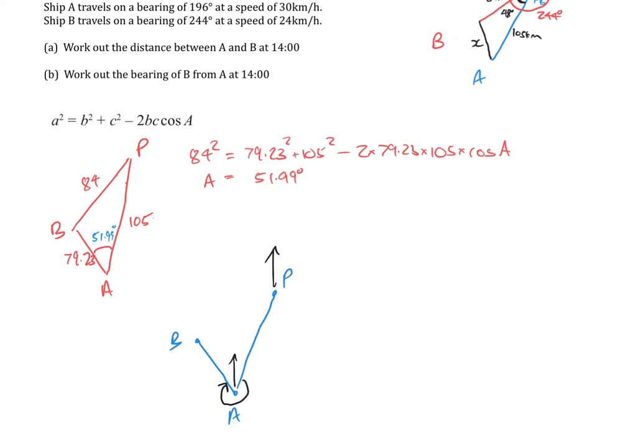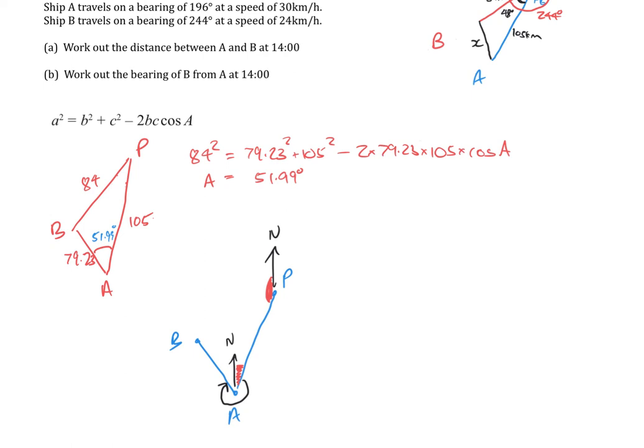So I'm going to look at these angles here, this angle here and this angle here, because my norths are, I should have labelled N for north, my norths are parallel, so the two angles inside will add up to 180 degrees.